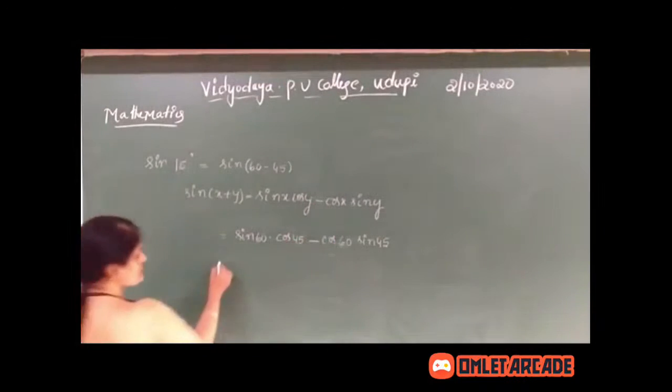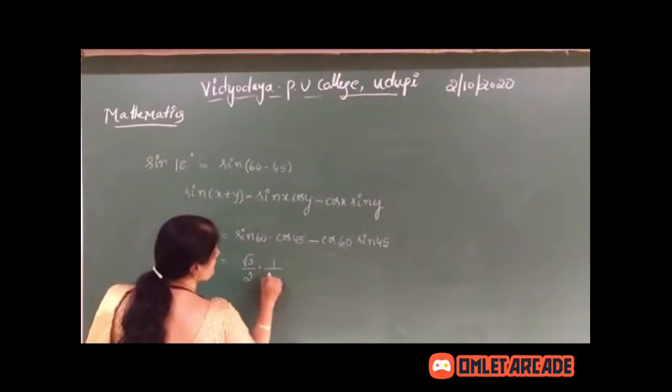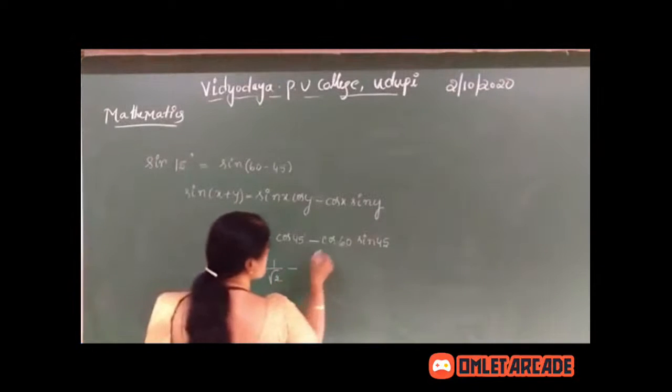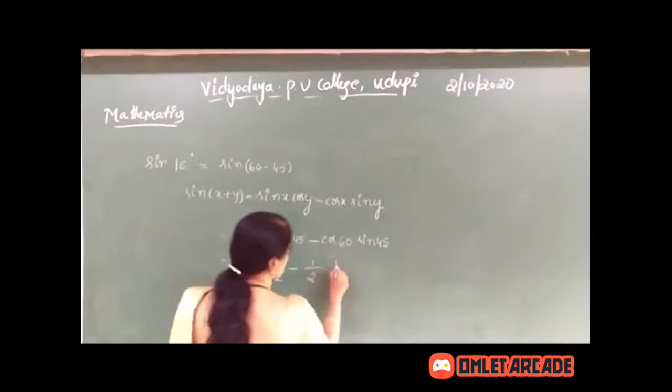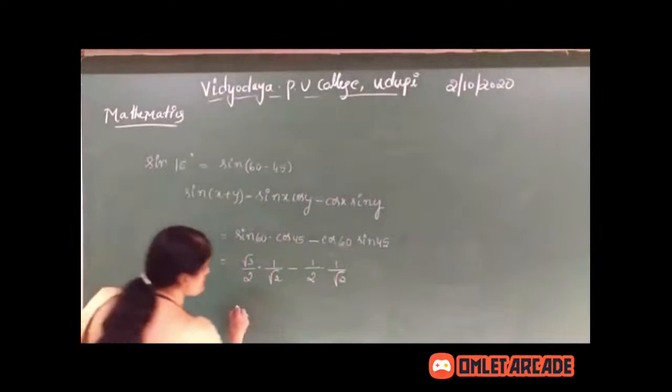Okay. So sin 60 is root 3 over 2, cos 45 is 1 over root 2, minus cos 60 is half, sin 45 is 1 by root 2. Again we will take LCM.